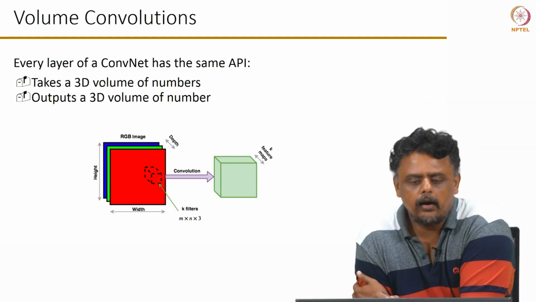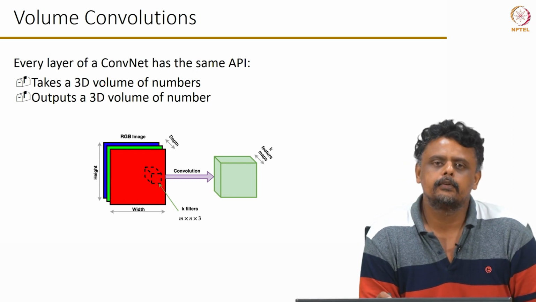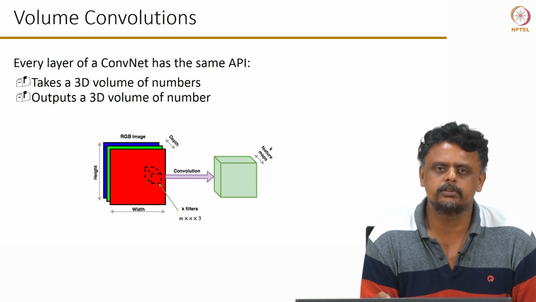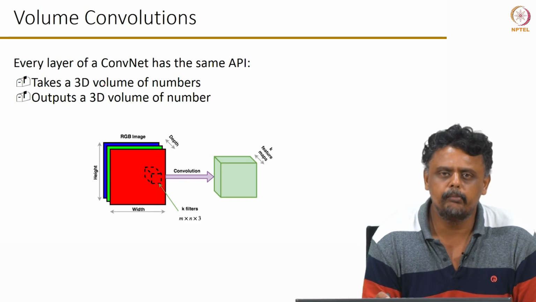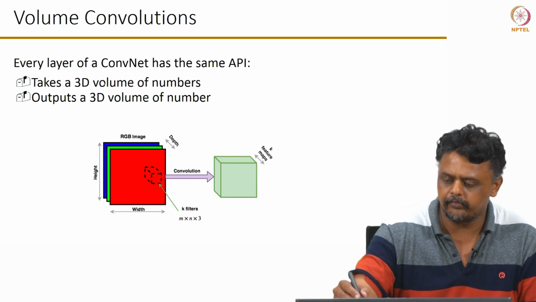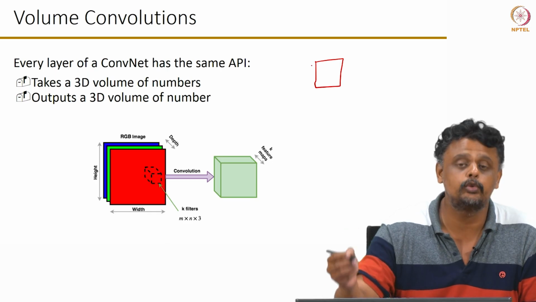We mentioned earlier that volumetric convolutions, or volume convolutions, are done in the neural network. What do we mean by that? Whatever we have seen so far, we were defining the filter kernels as just a 2-dimensional matrix.